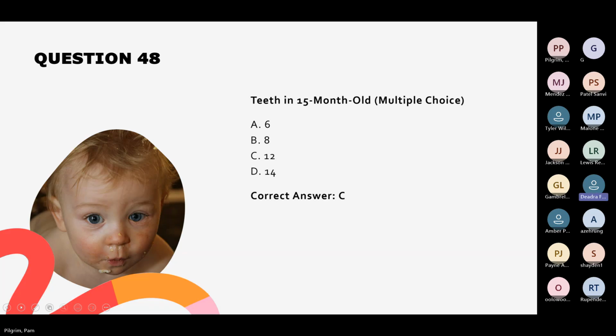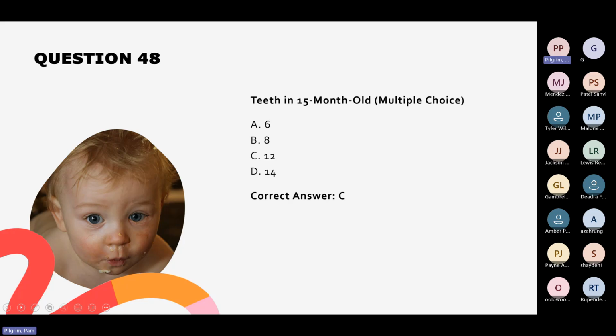How do you do the math on the teeth again? I'm trying to remember. Oh, it's 6 months. You look at their total months, and the formula was the age in months minus 6. She's got it right.